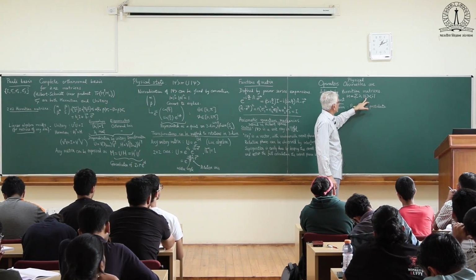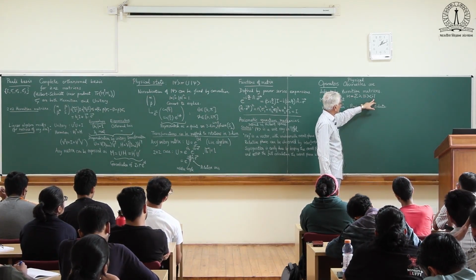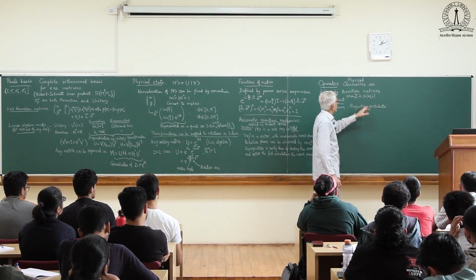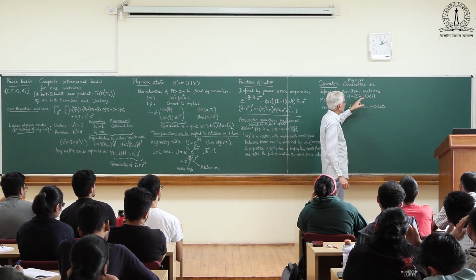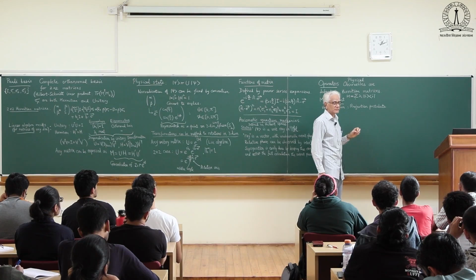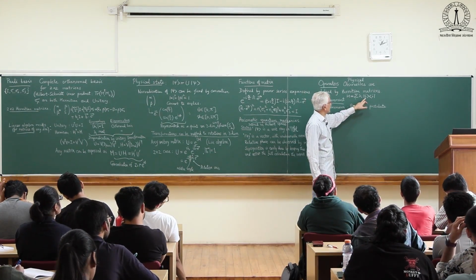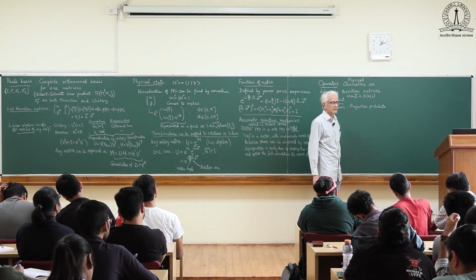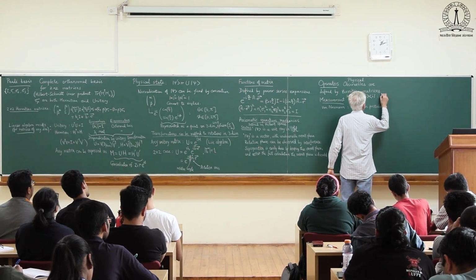If you multiply a column vector by a row vector, you get a matrix. And the index is the same because the basis is diagonal. I have reduced it to the diagonal basis, and there I can write it in terms of eigenvalues and eigenvectors. This is something which you should understand properly.